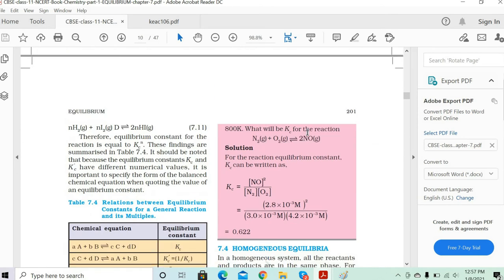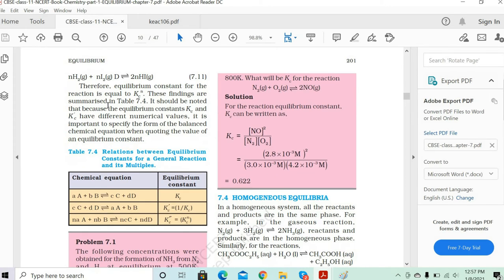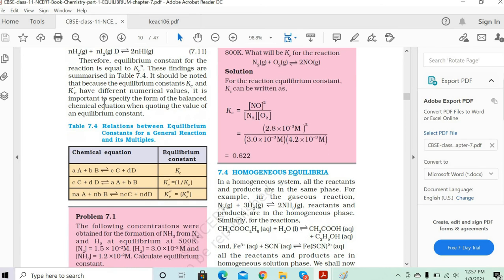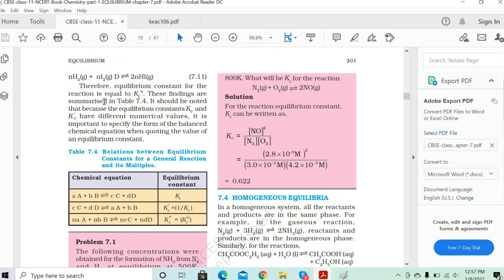Once you know the reaction, you can find it out using the moles. That is the only thing we need to understand. Now let's go to the Kc. This part is clear, no? If you want to generalize it, it is given by equation 7.11.